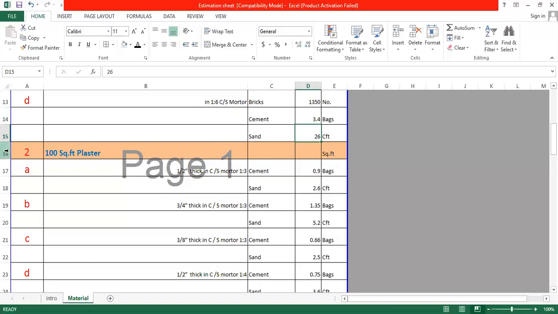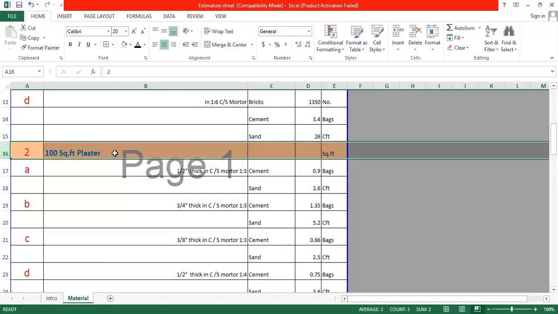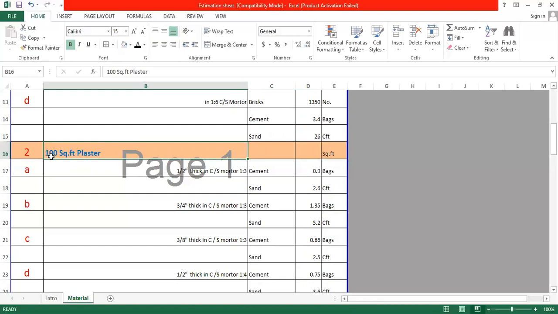Now plaster: for 100 square feet of plaster, if the thickness of the plaster is half inch and the cement sand mortar is 1:3, then the cement required will be 0.9 bags and the sand required will be 2.5 CFT.